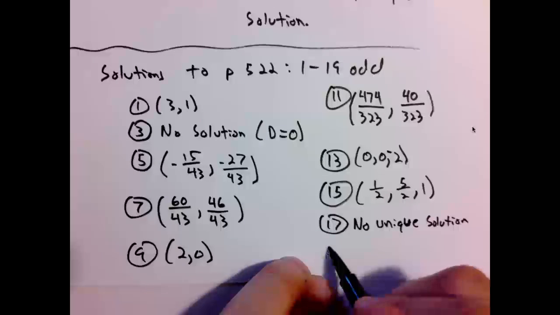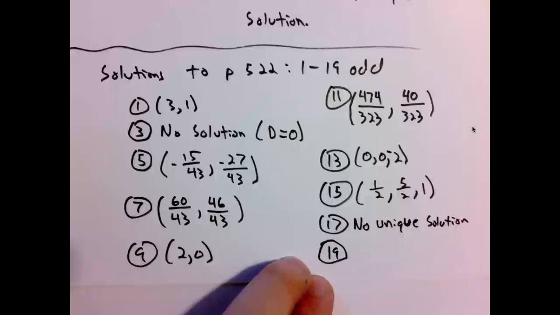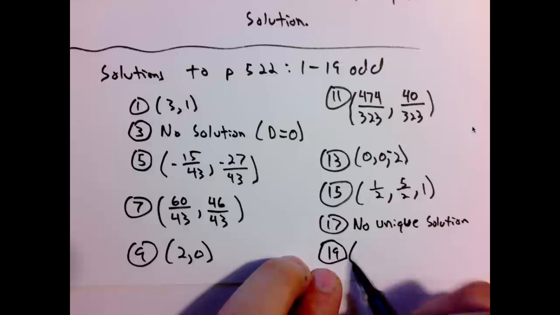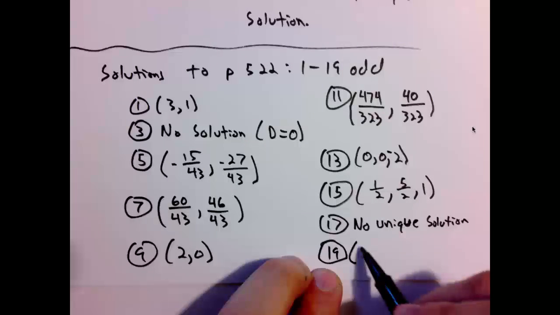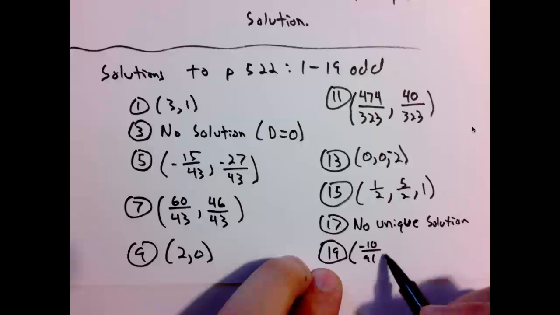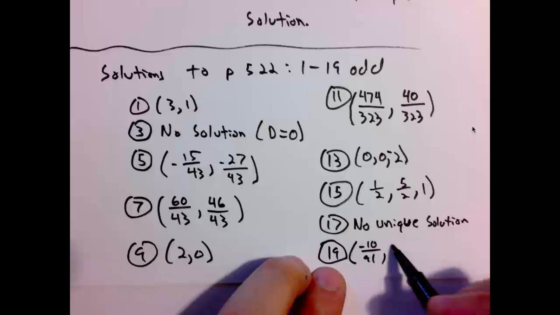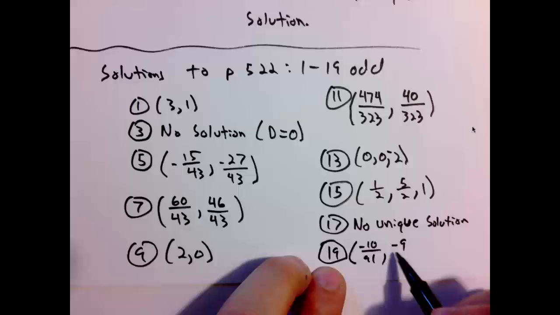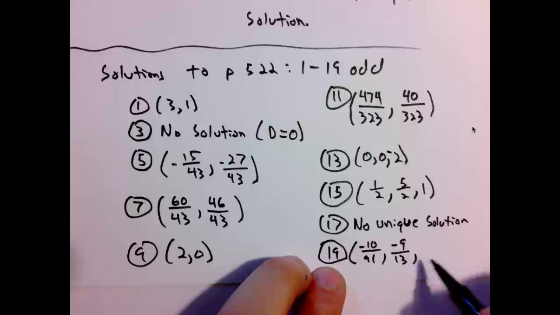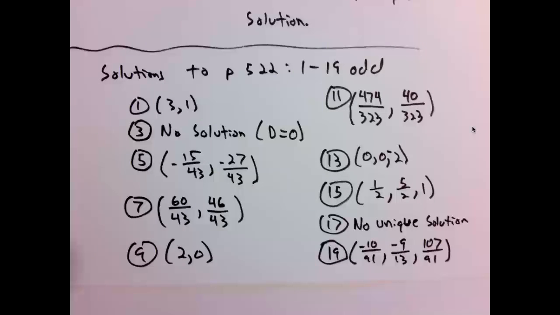Number 19, final problem, negative 10/91, negative 9/13, and 107/91. With this, you should be able to handle all the problems on page 522.